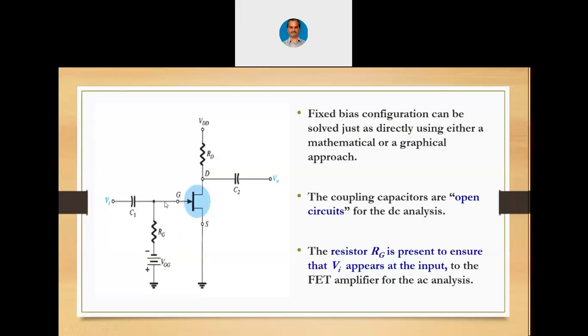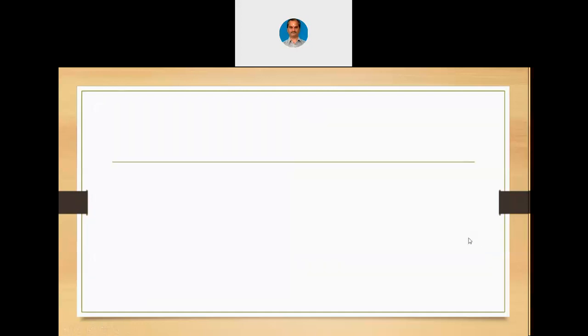Otherwise, the input signal will be absorbed by the gate voltage. But as such, there is no DC current flowing through RG, so the voltage drop across RG is going to be 0. When the voltage drop across RG is 0, whatever is the VGG, that is going to be available at the gate. That is the conclusion there.